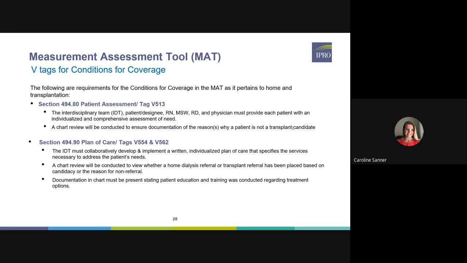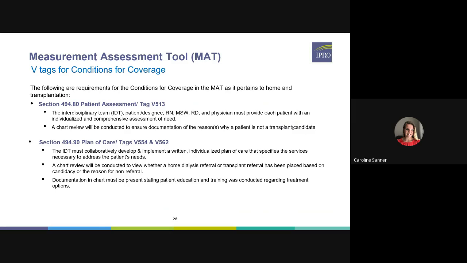The next V tag that pertains to home and transplant is in section 494.90 under plan of care. There's actually two V tags that go with this in this section. It's V554 and V562. It states that the interdisciplinary team must collaboratively develop and implement a written, individualized plan of care that specifies the services necessary to address the patient's needs. It states that a chart review will be conducted to view whether a home dialysis referral or a transplant referral has been placed based on candidacy or a reason for non-referral.